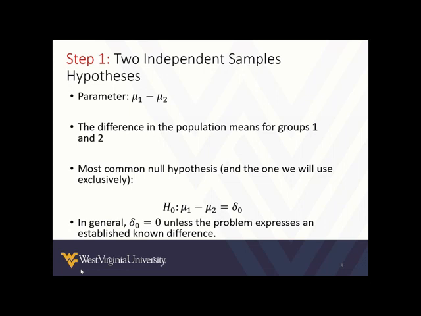And so the null might then be mu1 minus mu2 equals 5, where mu1 is the males and mu2 is females. And we're trying to see if that difference has changed. But if we have no established difference, which is going to be the case probably 90% of the time you do these problems, then your delta naught will be equal to 0.